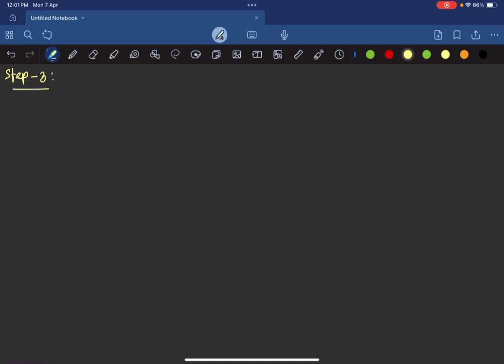So now in step 3, let us take a transformation. Let u be equal to P z. Okay, u is equal to P z.